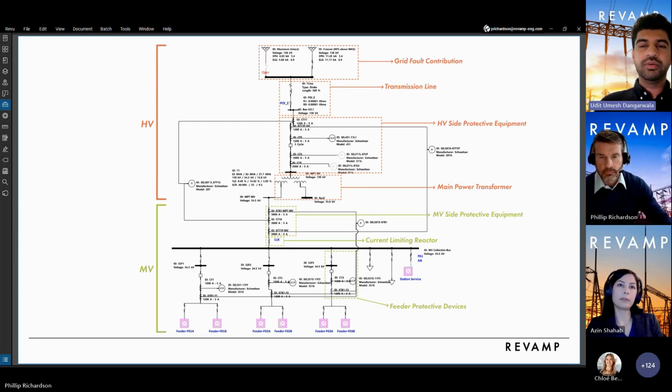And on the medium voltage side, we have the associated medium voltage side protective equipment. Then downstream of that, we have current limiting devices. A current limiting reactor is shown here. And followed by that, we have the feeder protective devices, which include the disconnect switches, breakers, and associated relays. These components are necessary to be modeled to ensure that we are calculating the fault levels accurately. Next slide, please.